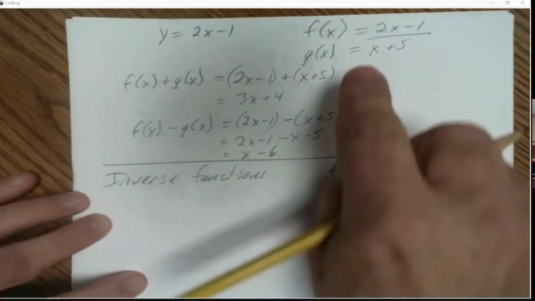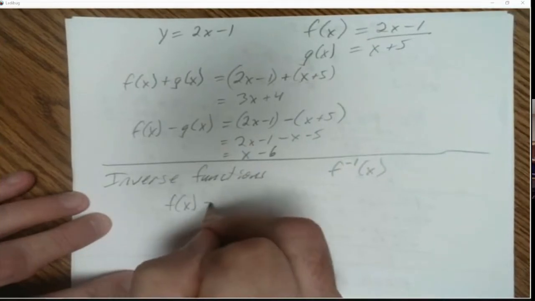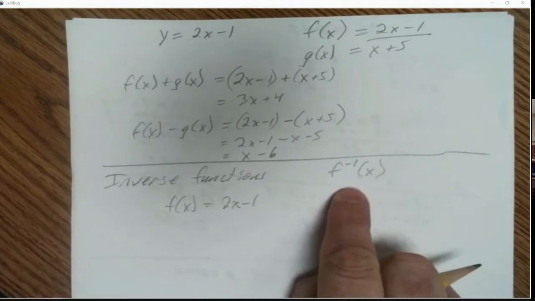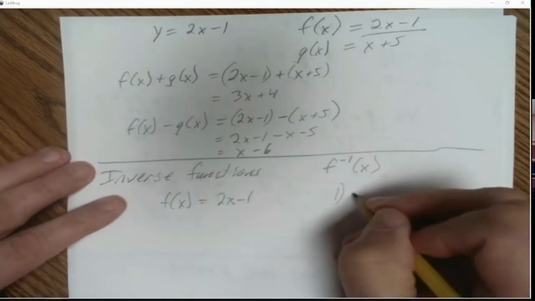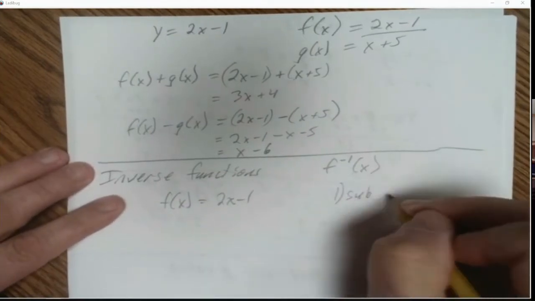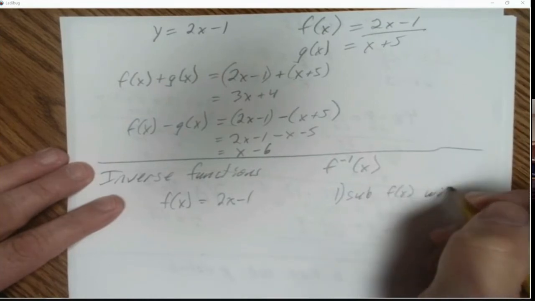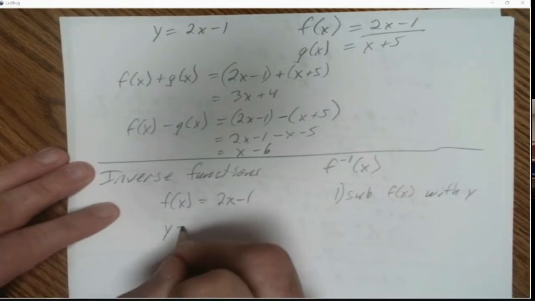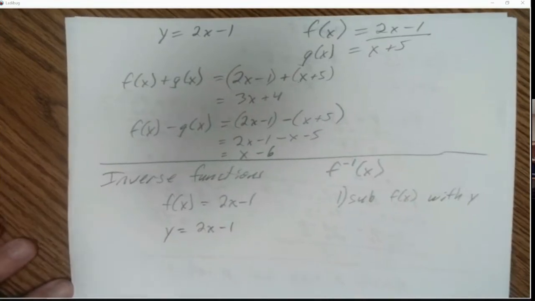So if f of x is 2x minus 1, what is the inverse of that? Well, here are the steps. Number 1, substitute f of x with y. So the first thing we do is make this y equals 2x minus 1.